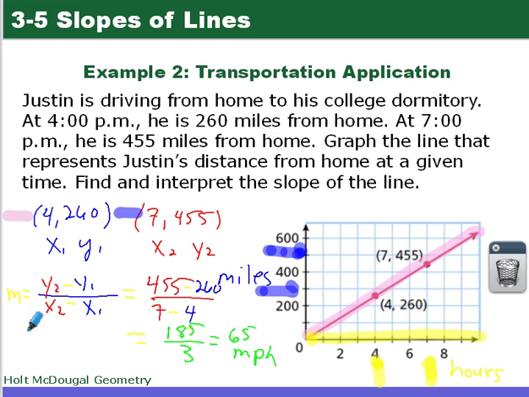So here is our slope formula. Then I just plug the y2, y1, x2, x1 into the formula. And I end up with 185 over 3. And my final answer is 65. What does that mean? It means that Justin is going 65 miles an hour.